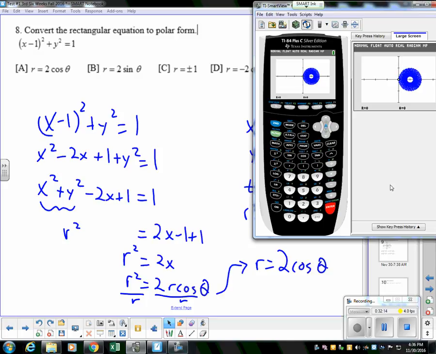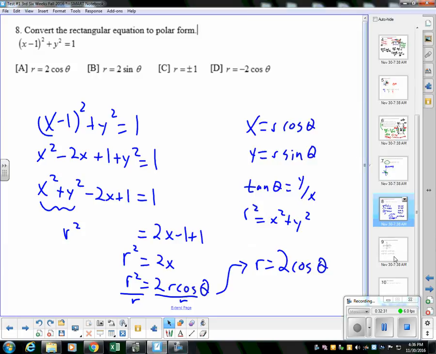I'll leave that one alone. Now your graph might not look exactly like that, but that is a circle centered at 1. It just looks a little crazy the way it's done. But everyone should see how we got the equation r is equal to 2 cosine of theta. Whether you're actually able to graph it or not shouldn't matter.